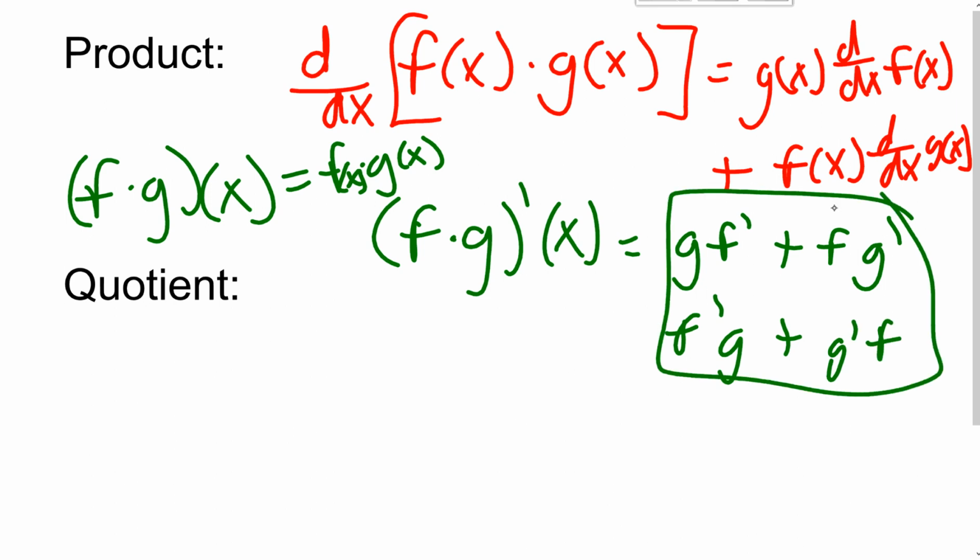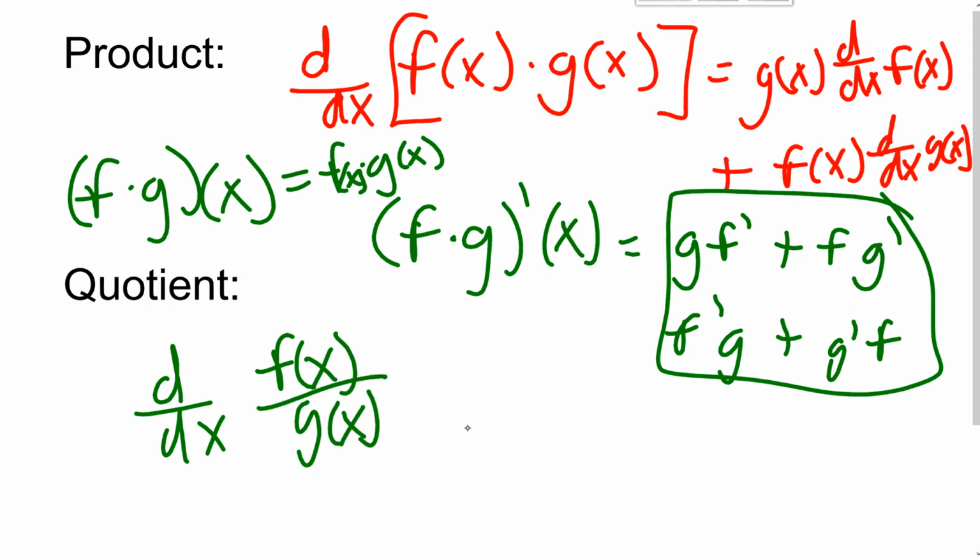Okay, quotient rule, that one's a little more difficult. You won't like this one. So if I'm taking the derivative of a division or quotient, then I have to take the derivative of the top. So I'll do it in this form first.